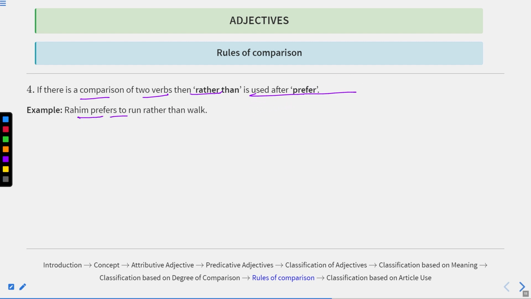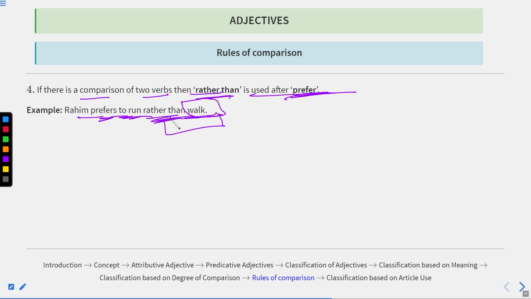For example, Rahim prefers to run rather than walk. We can use both the phrases together in a single sentence. Prefers to run is one choice, rather than walk.